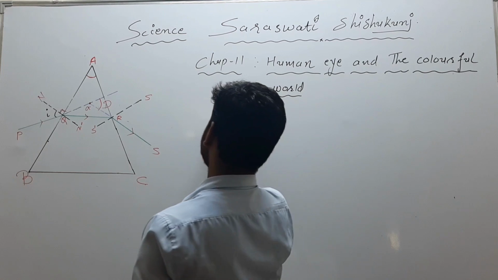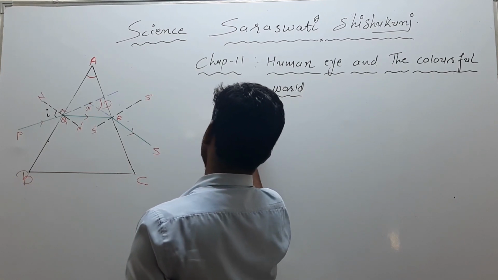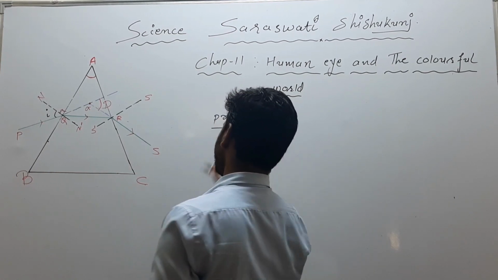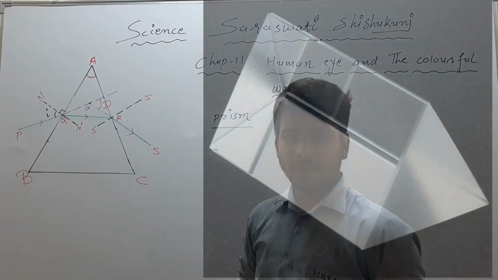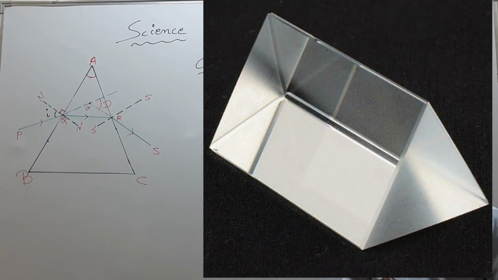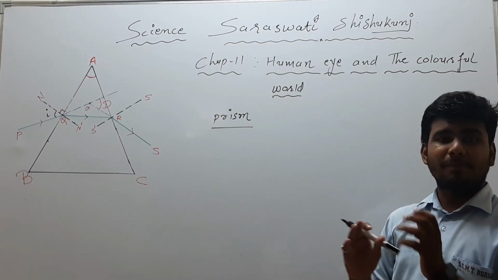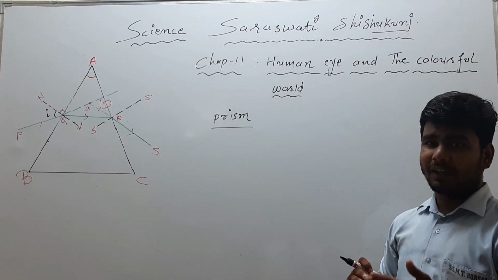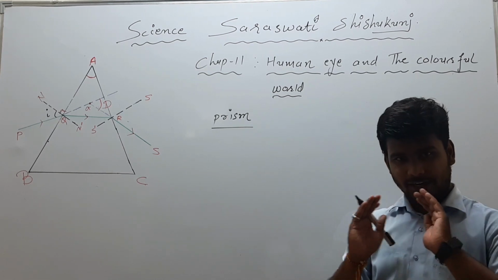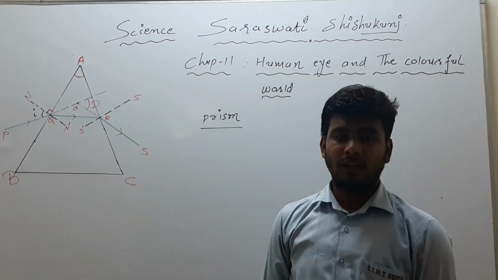First of all, this word prism must be clear in our mind. What is called a prism? Here you can see the figure of a prism on your screen. In this type of prism you have its lateral surfaces and its base.